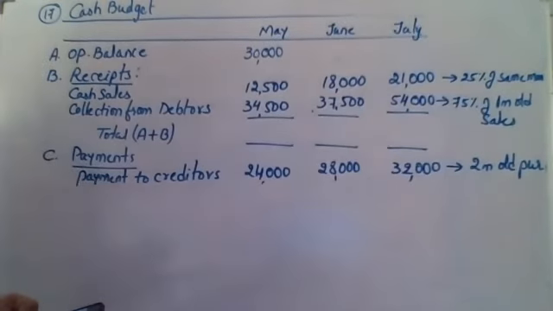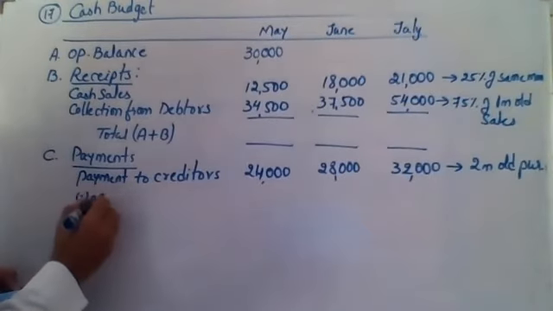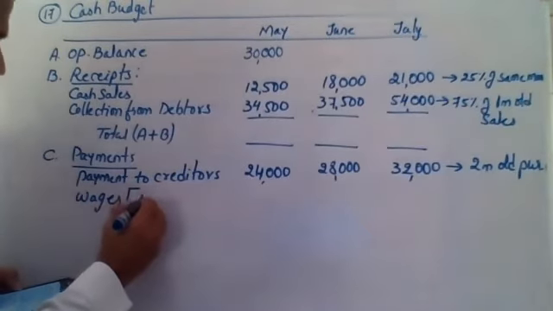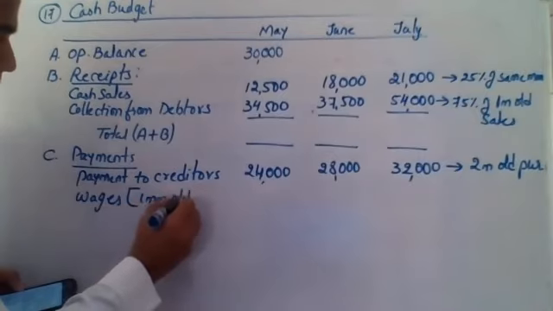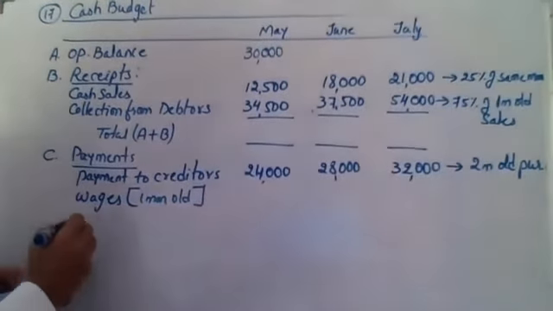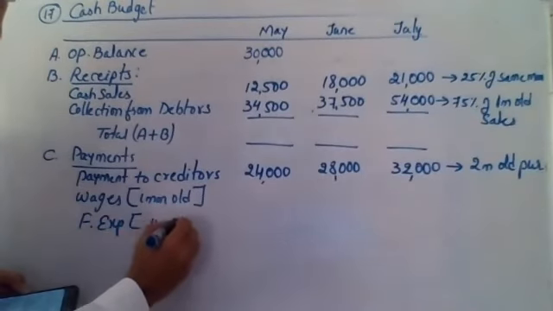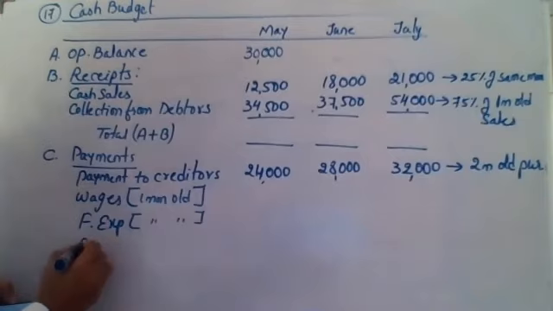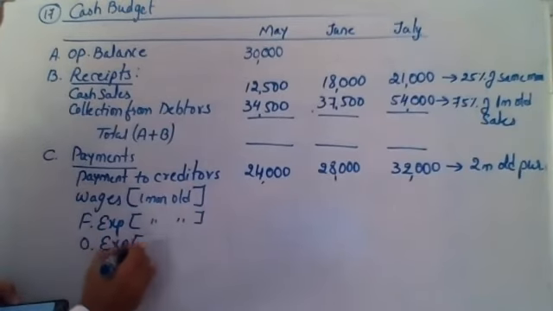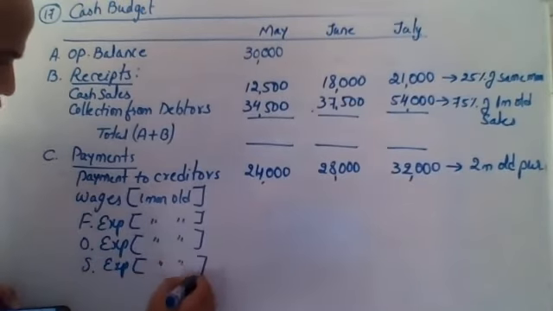Then delay in payment of wages and all other expenses is 1 month. So for payment of wages, I can simply write here it is 1 month old. All other expenses also same. Factory expenses, same, 1 month old. Office expenses, same, 1 month old. Selling expenses, same, 1 month old.